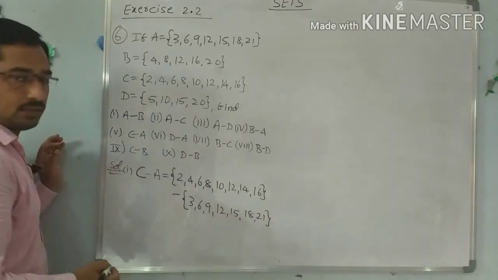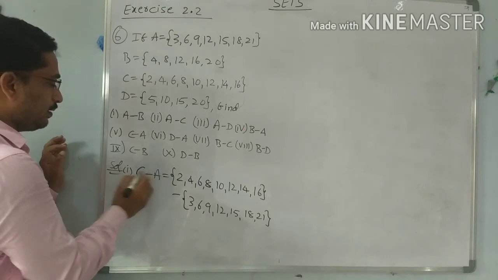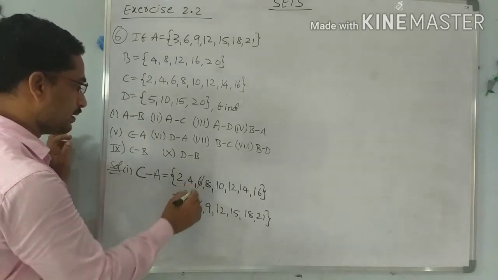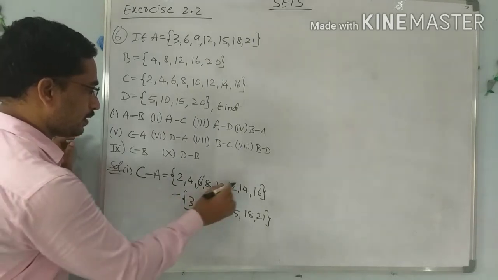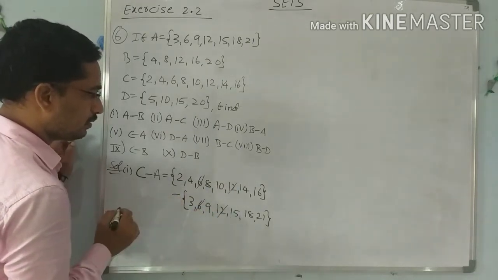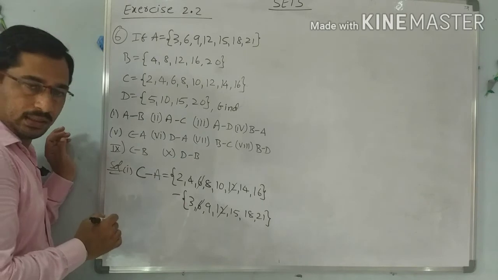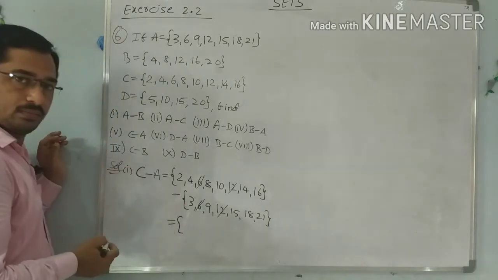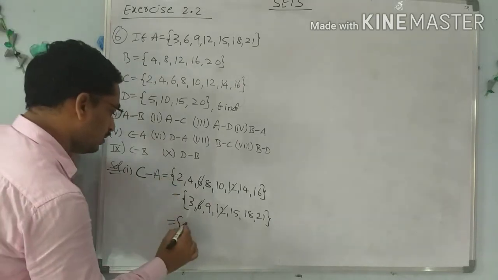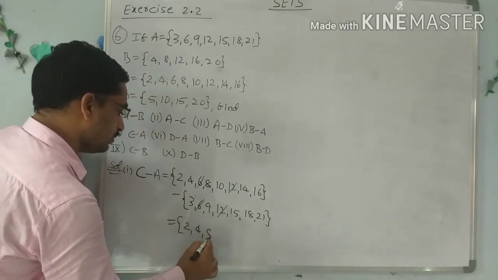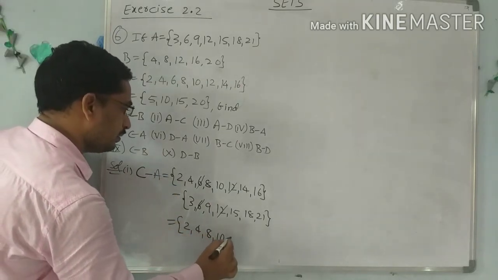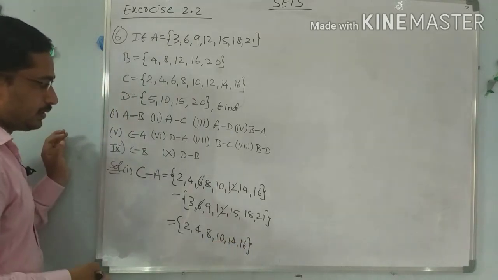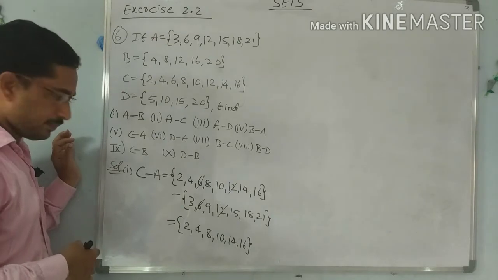Now these are the elements of A. C minus A means cancel the common elements. What are the common elements? 6 and 12. Only two elements are common. Now write the remaining elements of set C, because C is the first set: 2, 4, 8, 10, 14, 16. So these are the elements of C minus A.